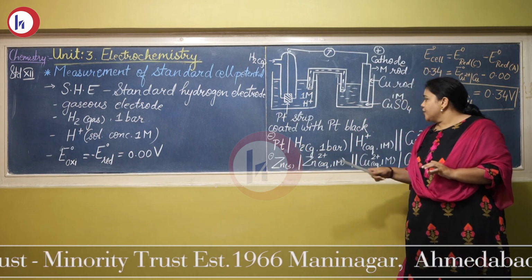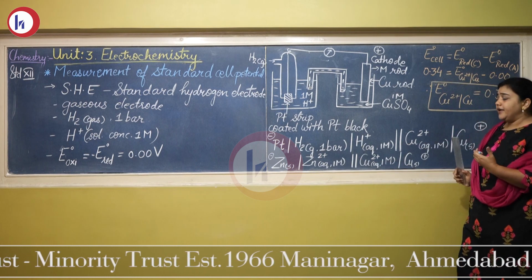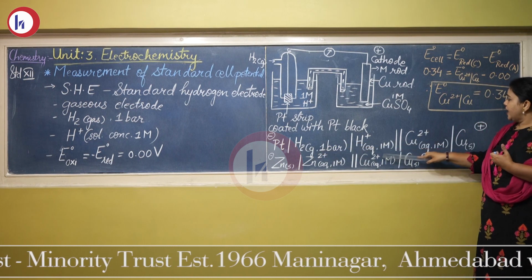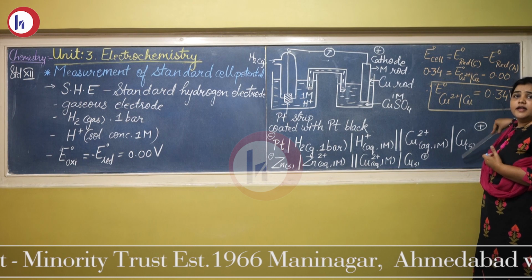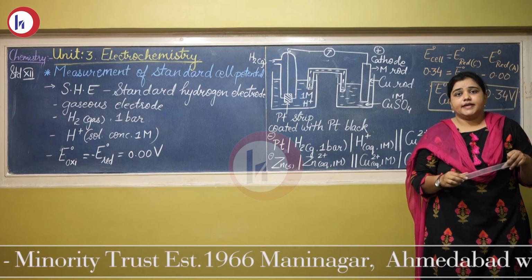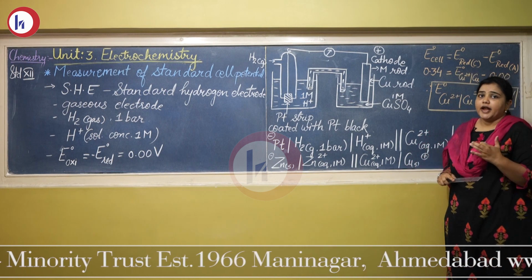So as a result, IUPAC has given this formula for cell representation, wherein on the left hand side you will write the anode portion and on the right hand side you will write the cathode portion, and the vertical lines will represent the separation that occurs between the metal and the metal electrolyte junction.